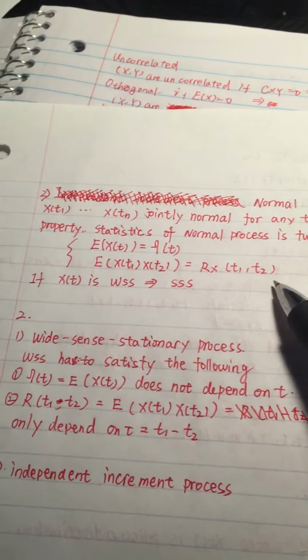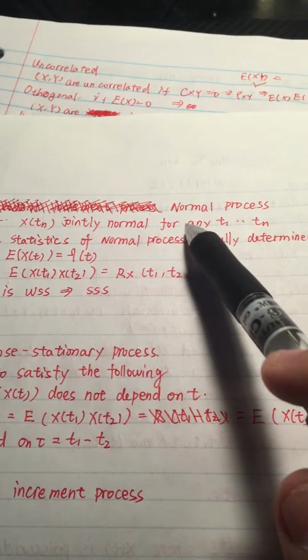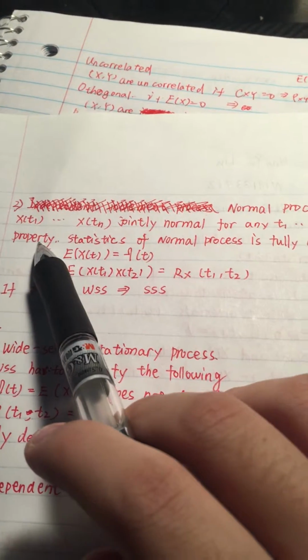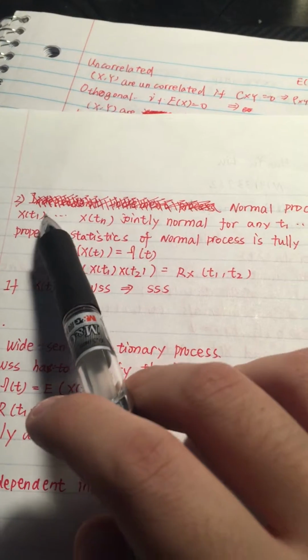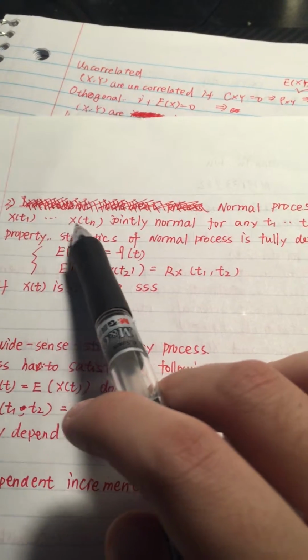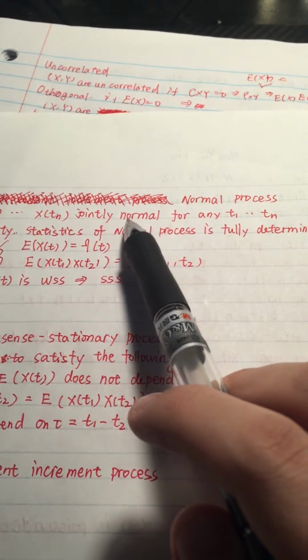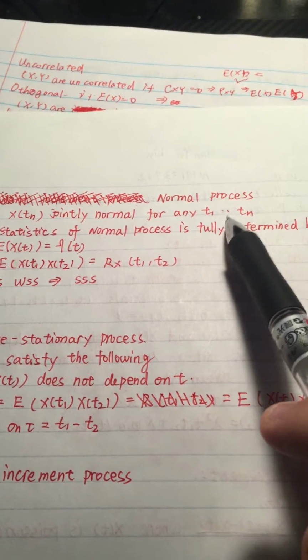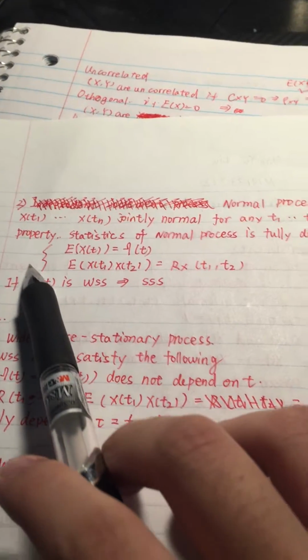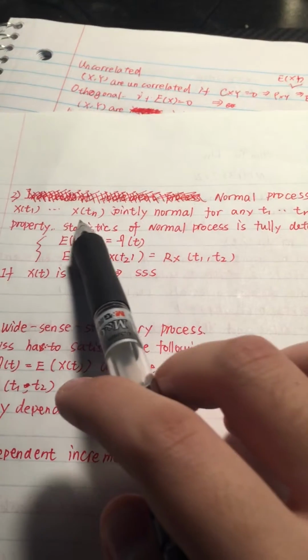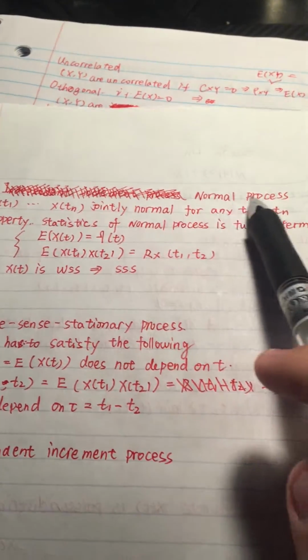And the last process is the normal process. If X(t1), X(t2) to X(tn) are jointly normal for any t1 to tn, we can say that this process is a normal process.